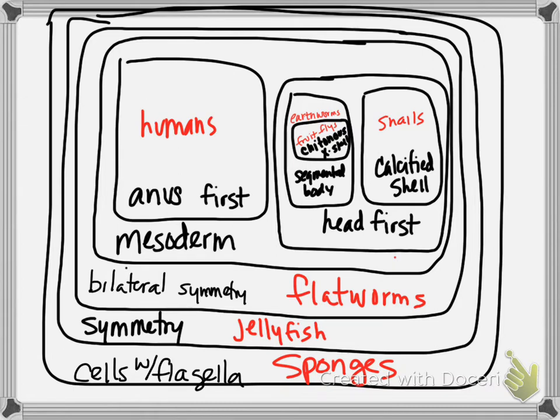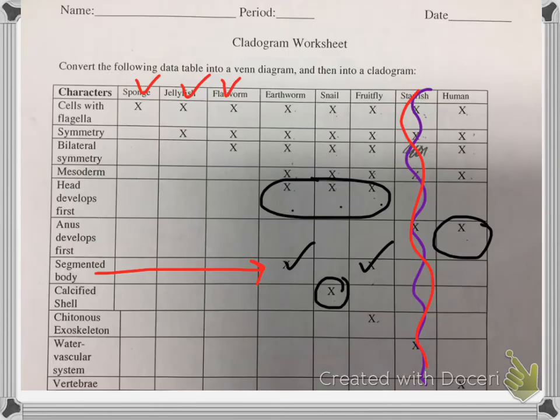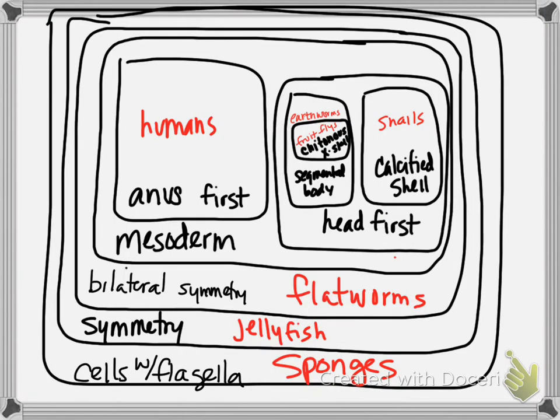Okay, what about our snails? Do we have any more characteristics that we need to add to our snails? No. Now, humans don't have any of those things, but they have one other characteristic. Vertebrae.